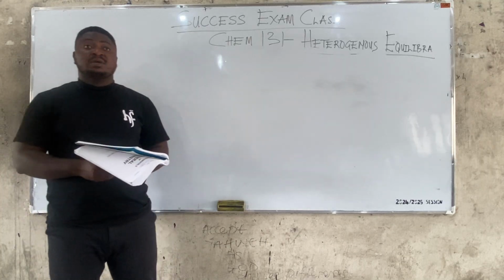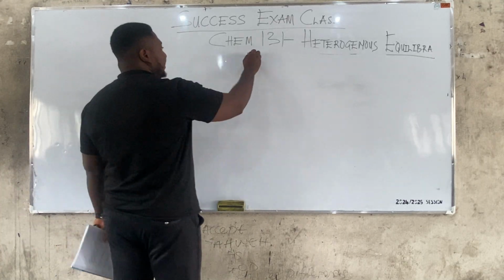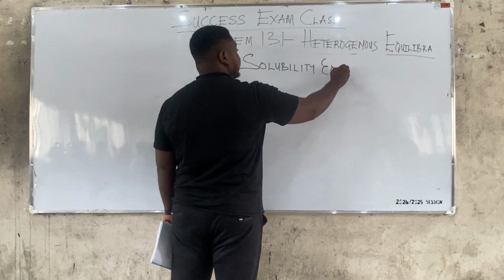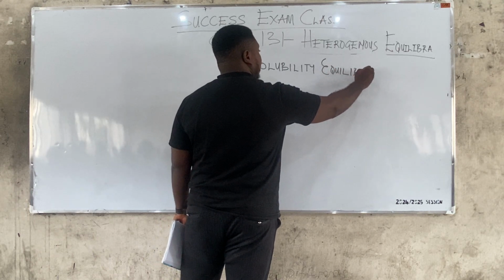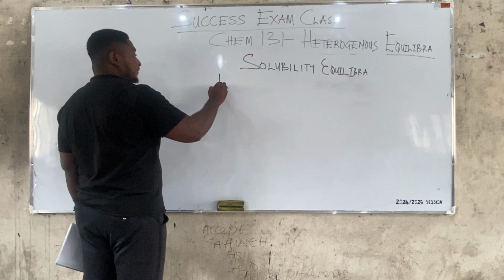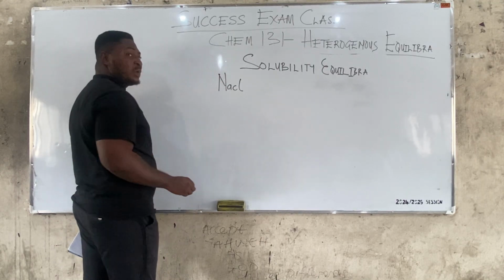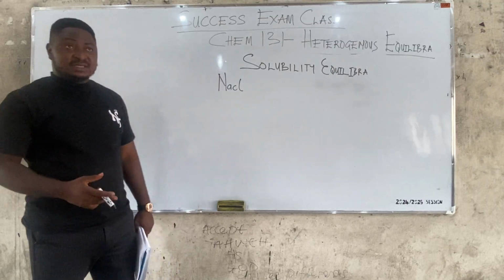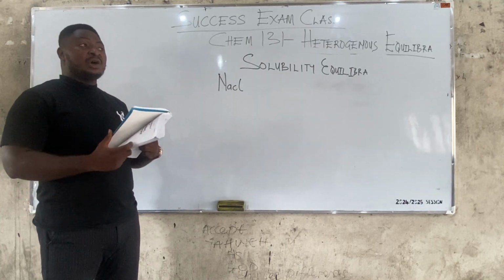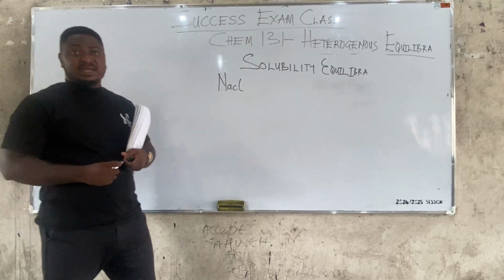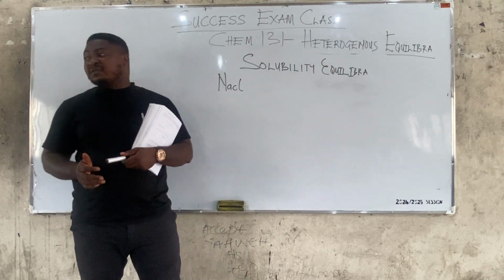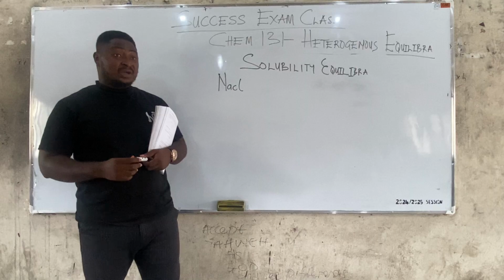Class, for solubility equilibria, follow me. Solubility equilibria is the equilibrium that exists between a salt in its undissolved state and a salt in its dissolved state.